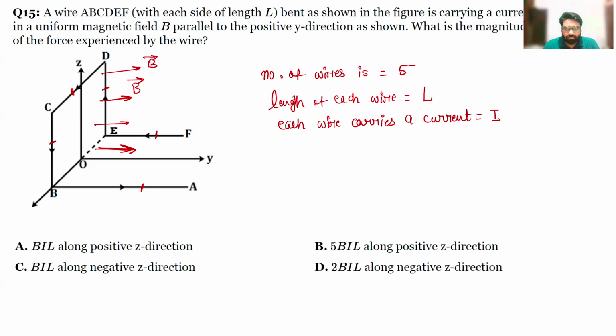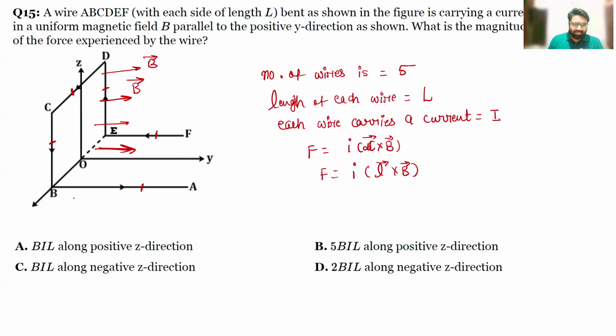Now, we know that if any conductor is placed in a magnetic field, the force on the conductor is I into L cross B, or simply I dL cross B for an entire length. We can say it is L vector cross B vector.